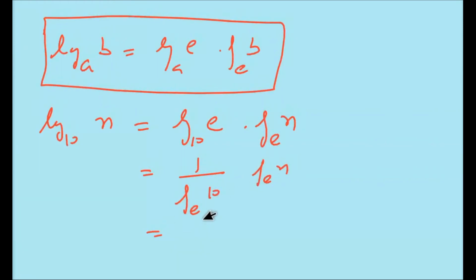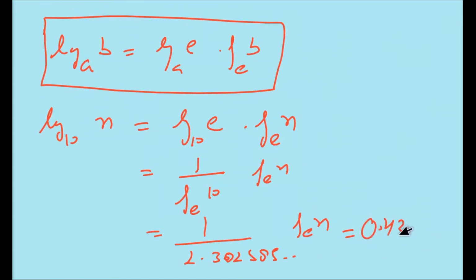Okay, and now we just have to find this value. 2.302585 is log e base 10, and we divide 1 by it, so we get this value, 0.434294, into log e base n.